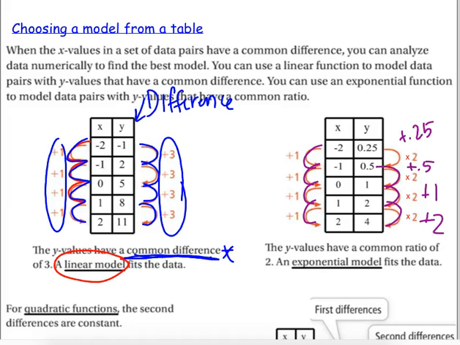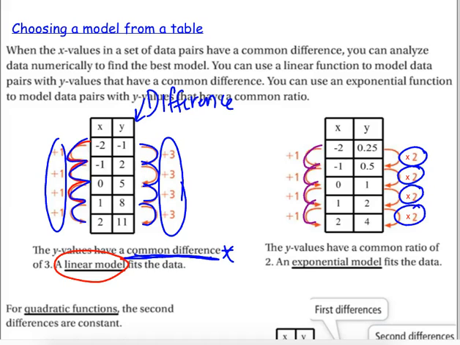Well, you just kind of have to look at this. Every situation is going to be different, but you just got to use your thinking cap. What do I notice about these values right here and here? Well, I know that 0.5 is 2 times as big as 0.25, and I know 1 is twice as big as 0.5, and I know 2 is twice as big as 1. So really, guys, to simplify that, all we did was multiply by 2 each time.